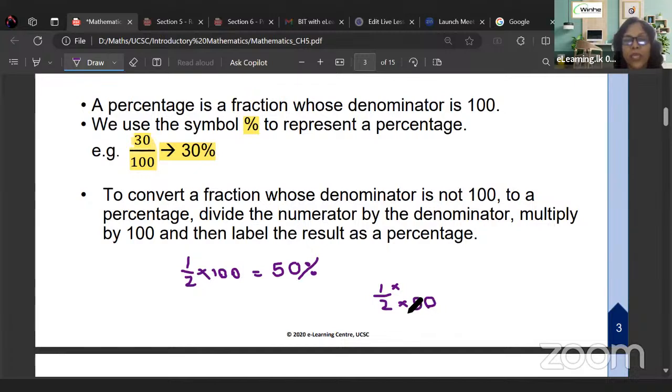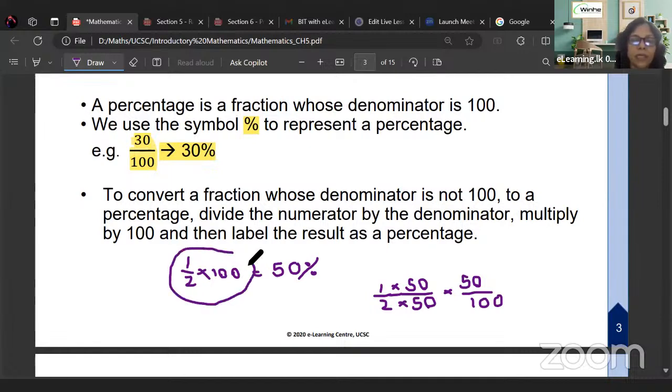Then if you do anything to the denominator, you have to do the same thing to the numerator also. This is equivalent to 50 divided by 100. So you can use this method or this method.